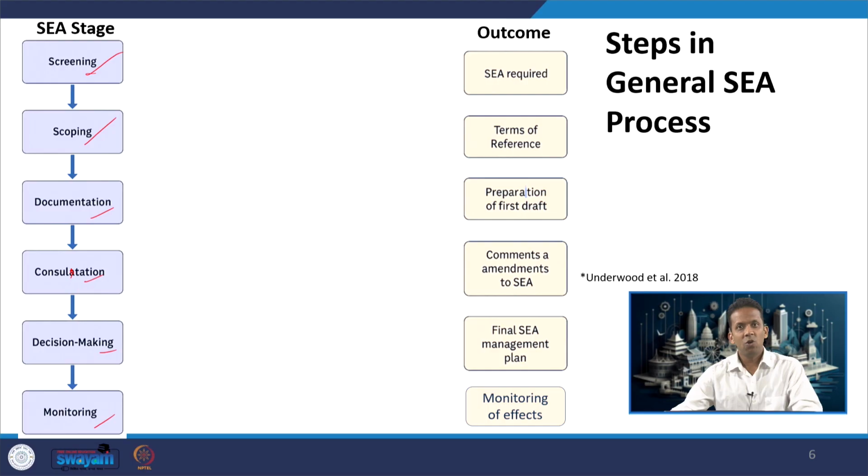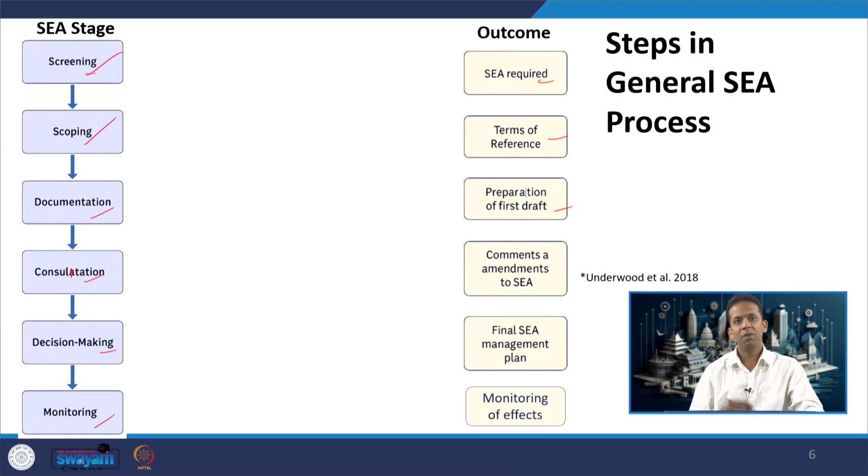The outcome of each of these SEA stages would be, in the screening stage, a decision whether for a given project SEA is required or not. When we set the scope, we get the terms of reference, like the boundary of the project and all the important terminologies in the project. Documentation will give us a first draft.